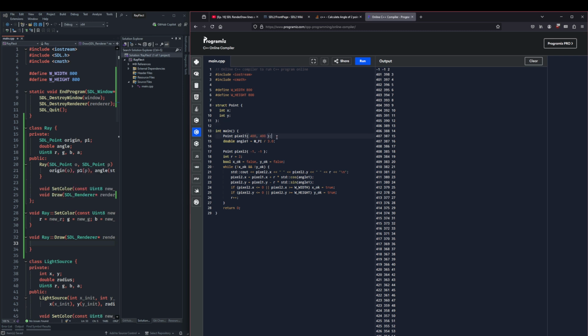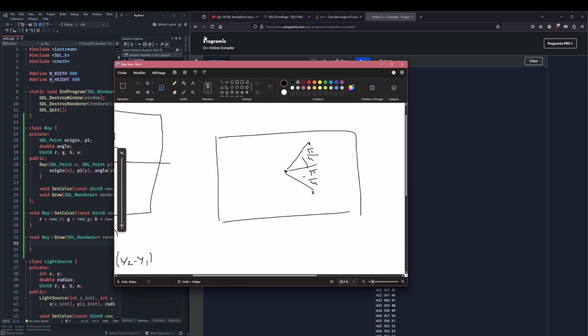And so I created a first pixel in the middle of the window with an arbitrary angle, and just wanted to see if the algorithm worked to calculate the point at which it should stop drawing, when it's at the edge of the window. So for example, if we have the first point here, second point here, so we have our source of light here, and it started from here and then it calculated the point here until it detected that it was at the edge of the window.